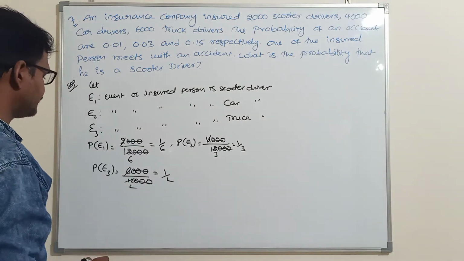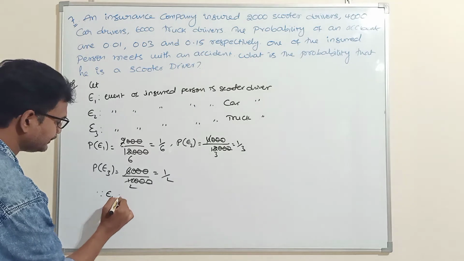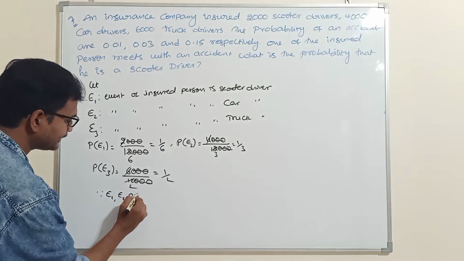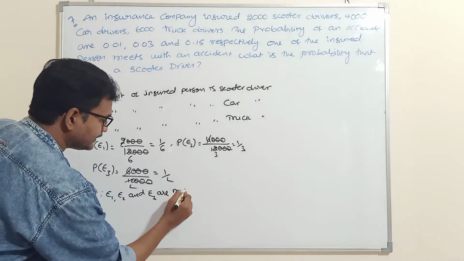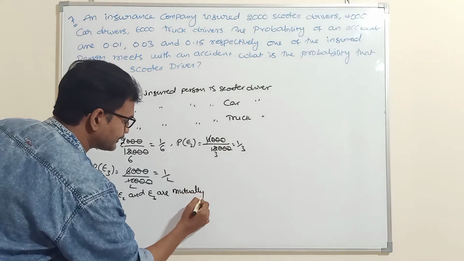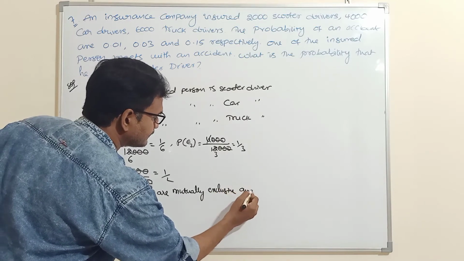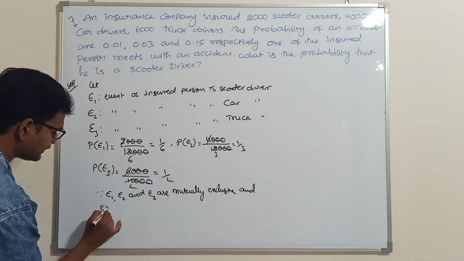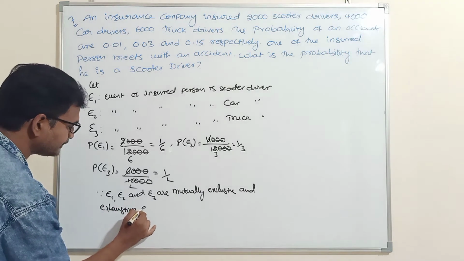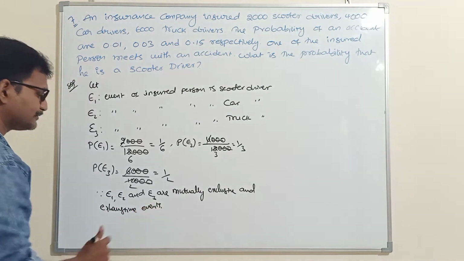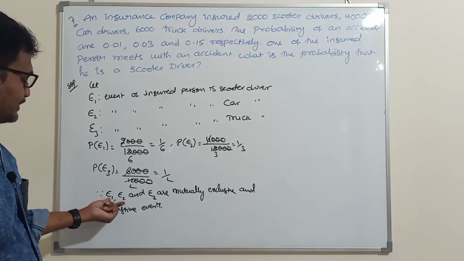Next, since E1, E2 and E3 are mutually exclusive and exhaustive events. Why are they called exclusive and exhaustive events? There is no relation between scooter driver and car driver.